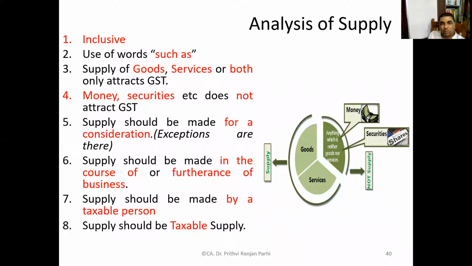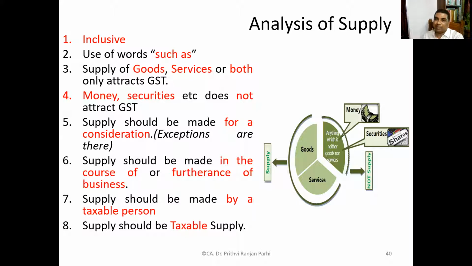Supply should be made in the course or furtherance of business. Here also exceptions are there, but normally supply has to be made in connection with the course or furtherance of business. And supply should be made by a taxable person, who is registered under GST or liable to be registered under GST. That is also important.